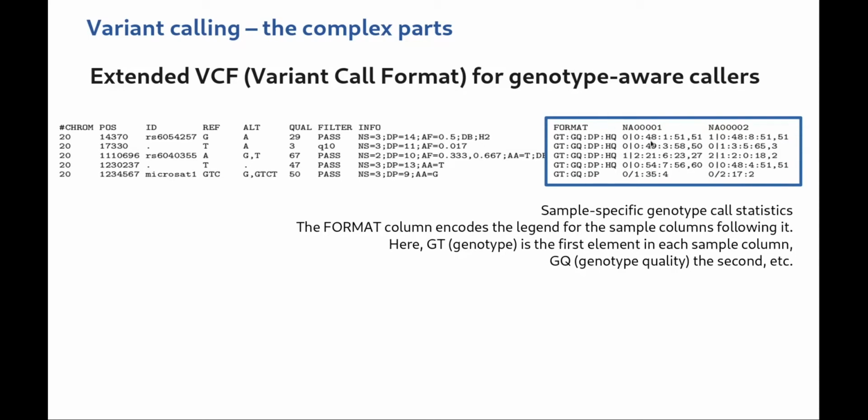And then each of those sample columns would show the overall structure that the format column specifies, meaning each of those columns in this case would start with a genotype code, separated with a colon from the next value, which would be the genotype quality, which is again this log scaled thing, the inverse of the error probability, so the probability that the genotype caller might have called the wrong genotype, and the higher the value, the less likely an error in the genotype calling is.